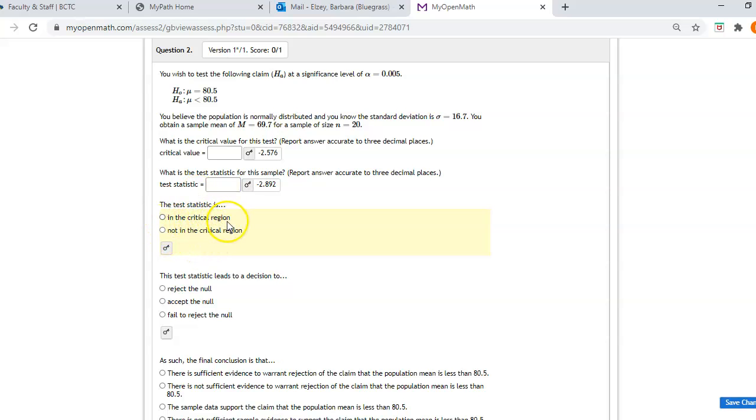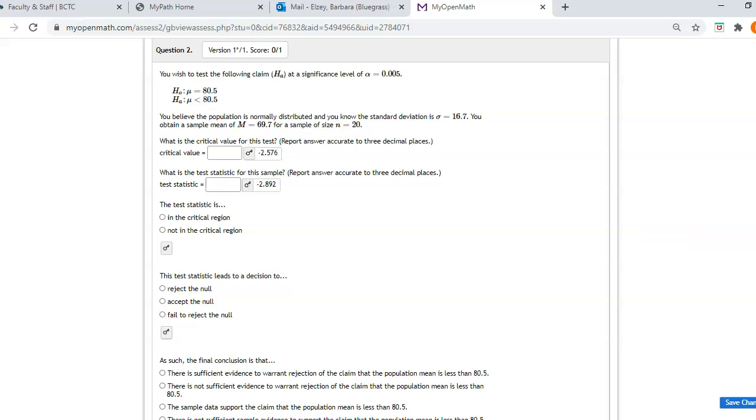When something is in the critical region, we reject the null hypothesis. Whenever we reject the null hypothesis, there's always evidence to support our alternate hypothesis. So we always want to say there is evidence to support that alternate.